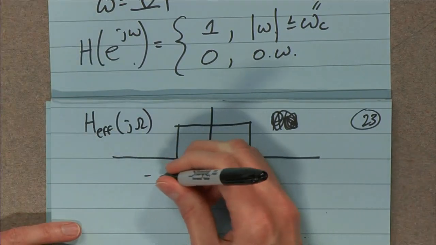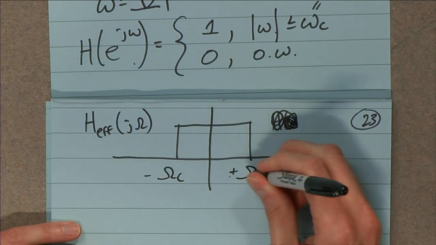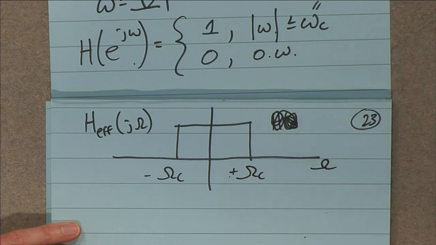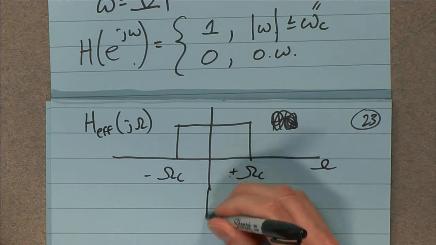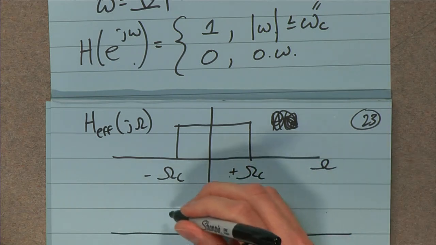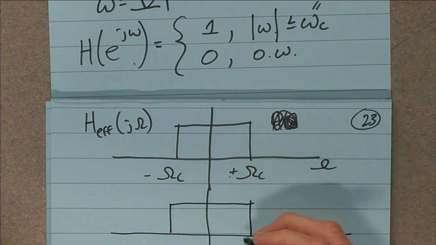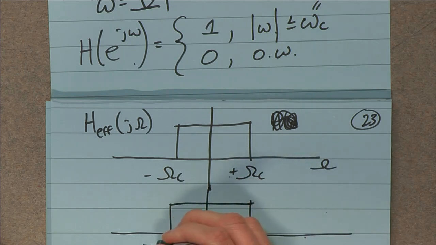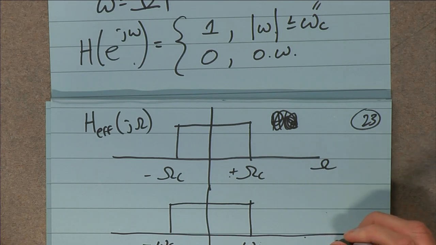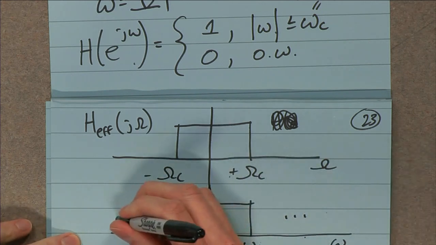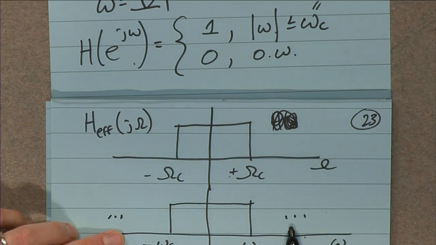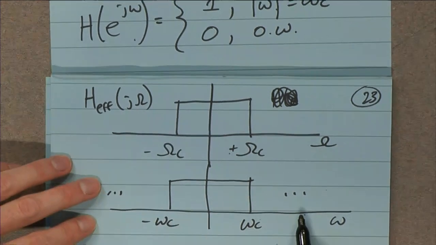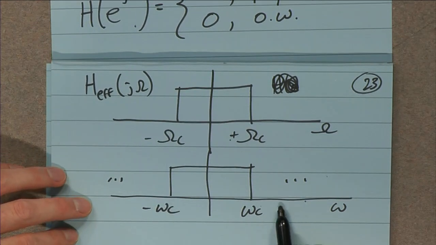Analog. And what we're going to do is do it digitally, or in discrete time. Ω_c, minus ω_c. And dot dot dot here because this is a discrete time spectrum, so it must always be periodic with period 2π.